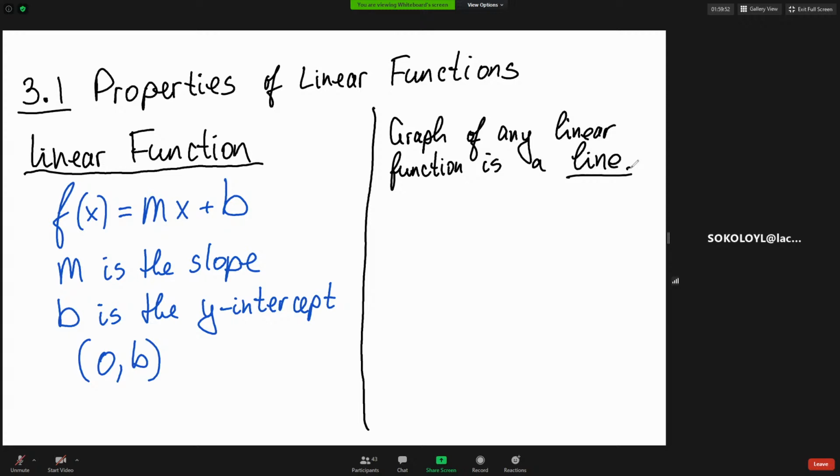And we also remember some of the things from before when we talked about a graph is said to be increasing or decreasing or constant. For linear functions, we can determine that just by looking at the slope. So if the slope is positive, that tells me that the function is increasing.